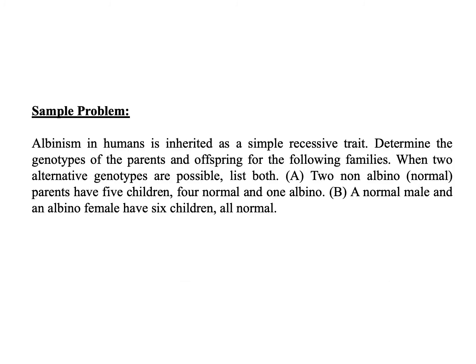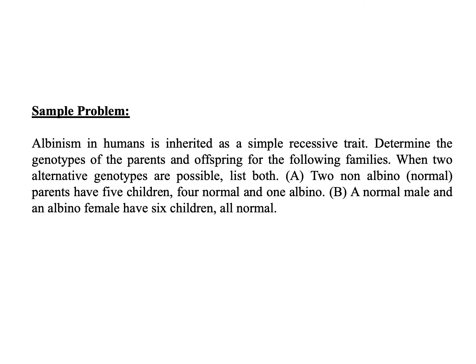Now, as I mentioned on day one, much of genetics deals with problem solving, looking at problems and trying to establish answers to the questions that are being asked. So what I want to do is take a step back and just go through what I typically do when I'm trying to address or answer a typical genetics problem. So you have a sample problem here that states albinism in humans is inherited as a simple recessive trait.